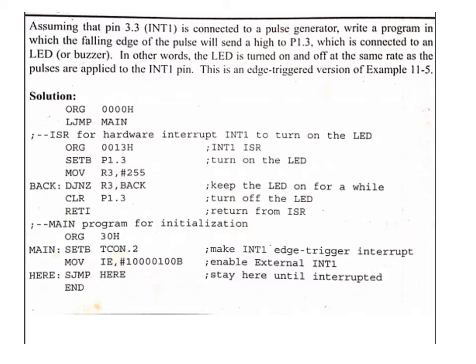So what has to be done? We have discussed the TCON register earlier. We can program the IT1, that is the signal type bit of the INT1 pin. If it is 1, then it is edge triggered, else it will be level triggered.